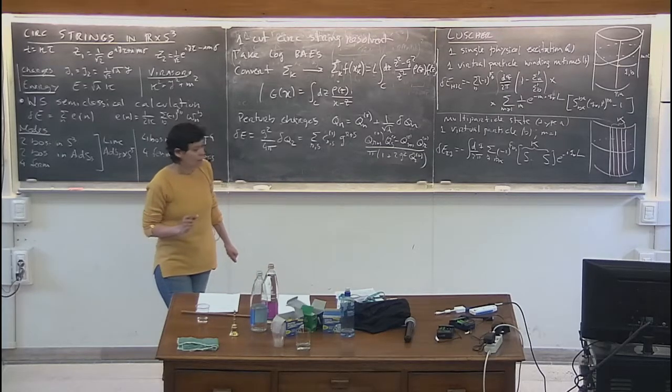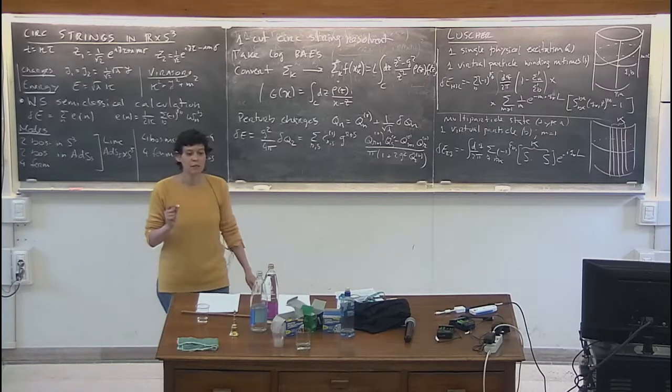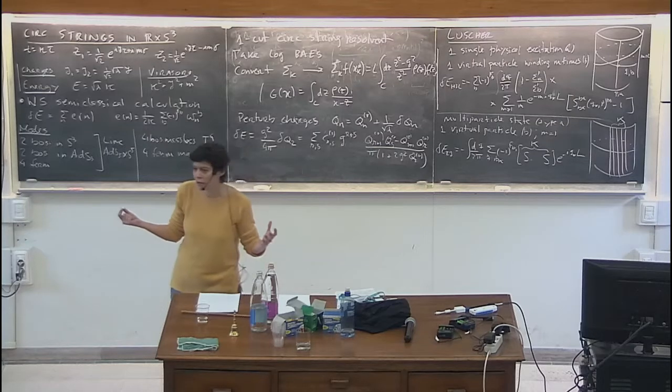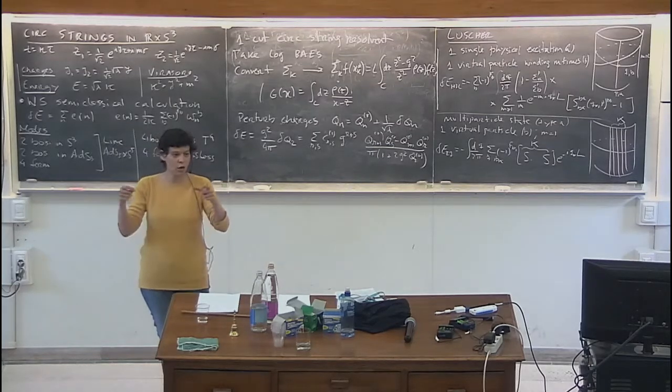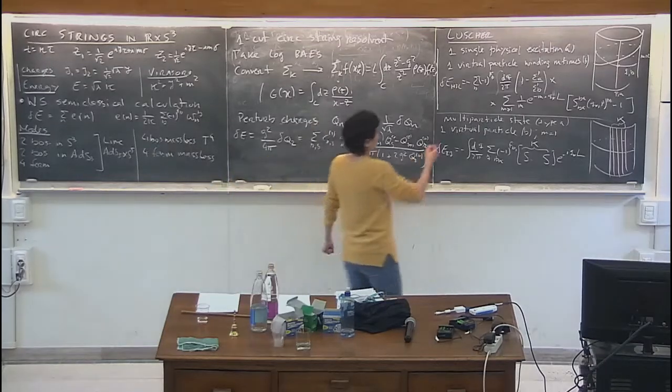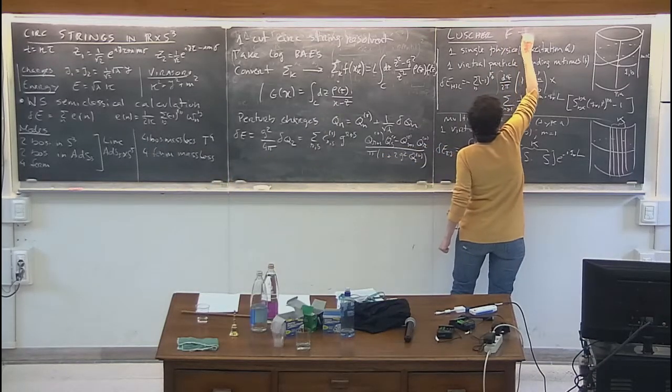It comes from the fact that when you have massless virtual particles winding around the circle L, and you calculate a field theory calculation of contributions that can be done from Lüscher F terms.